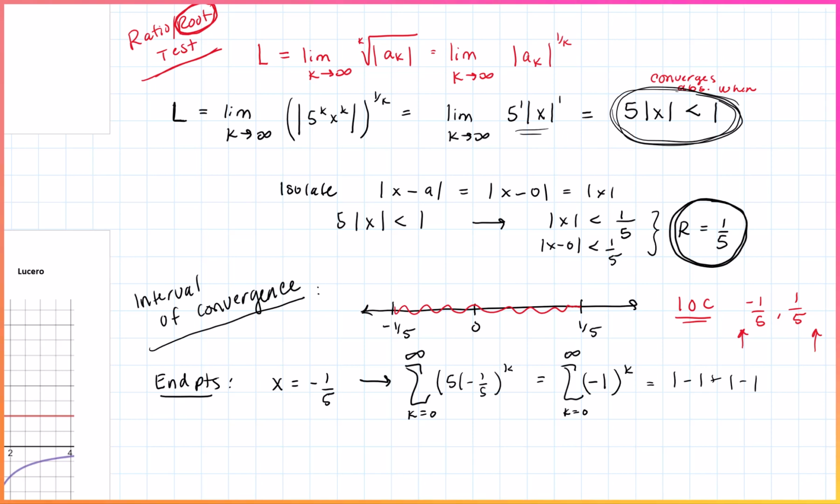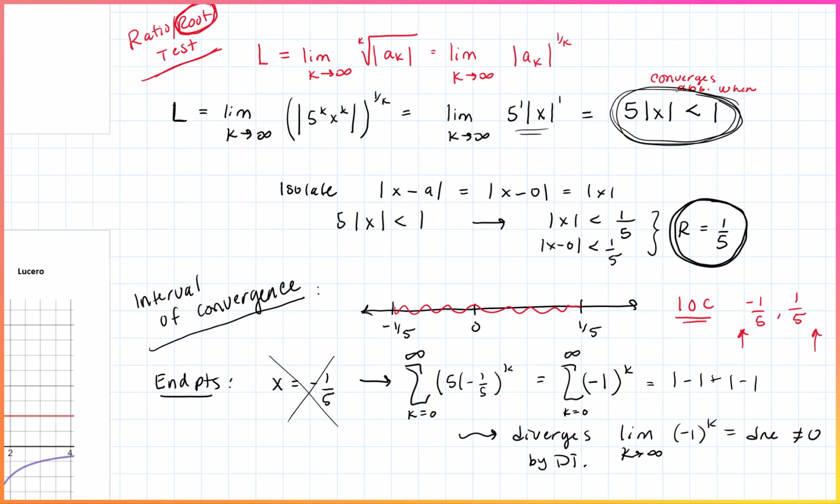We're adding and subtracting, adding and subtracting. We can see that this is going to diverge because the limit as k approaches infinity of negative 1 to the k doesn't exist and is not equal to 0. So this diverges by the divergence test. So we can't include negative 1/5.